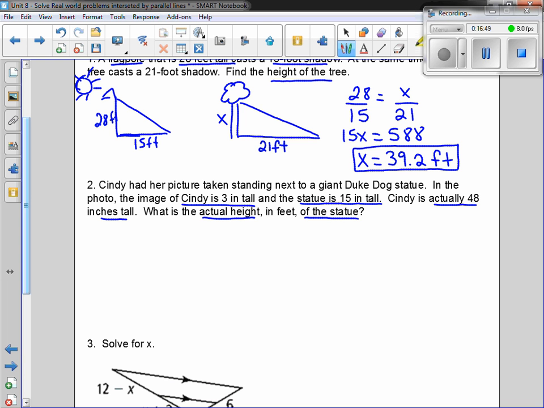We know that Cindy's picture height versus her real height, and we're going to compare that with the statue picture compared to the statue height.